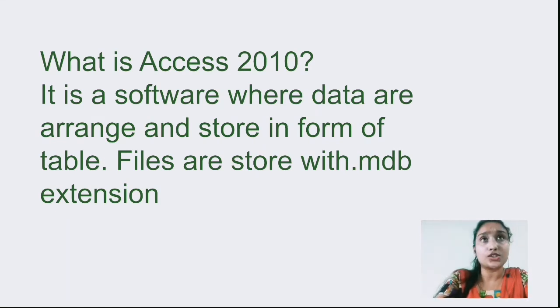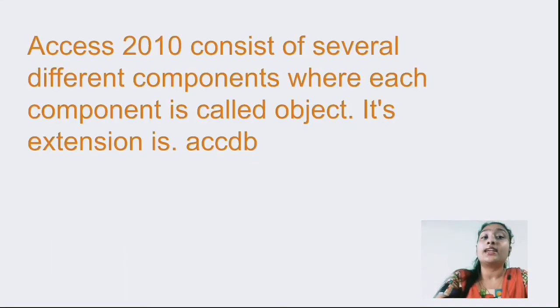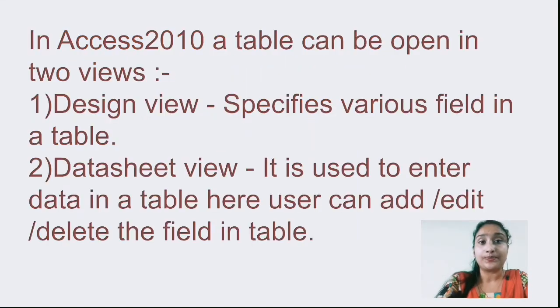It is also a software which provides us the facility to store our data in a synchronized order. Its extension is .mdb. It consists of several different components where each component is termed an object, and its extension is .accdb. You have to remember all the extensions if you want to work with the software.